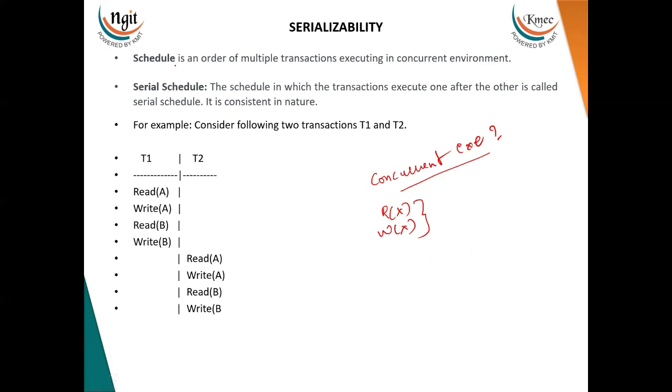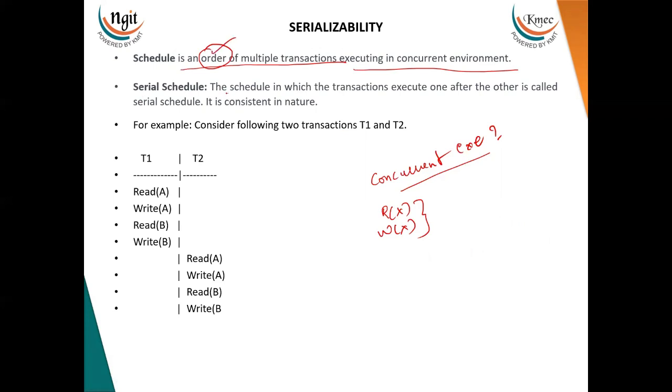So here firstly, what is a schedule? Schedule is an order of multiple transactions executing in concurrent environment. It is telling about the order of multiple transactions. Multiple transactions may take place, but it must be done in an order.